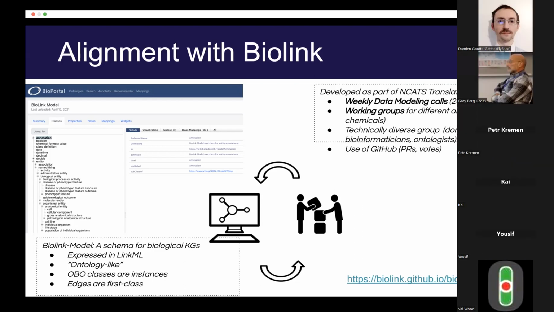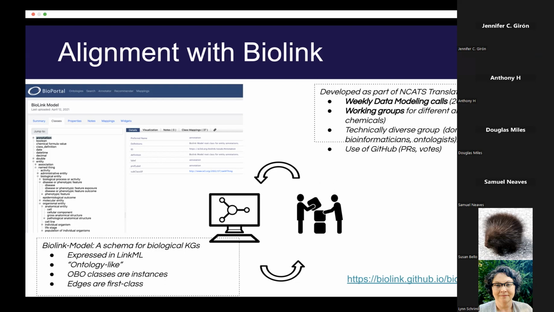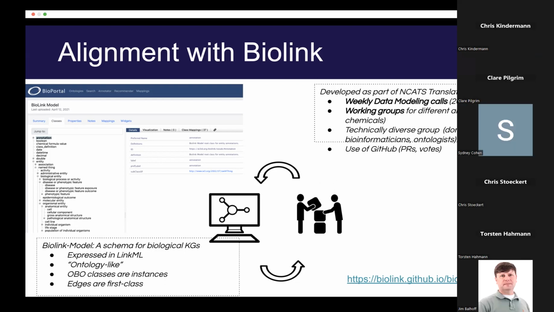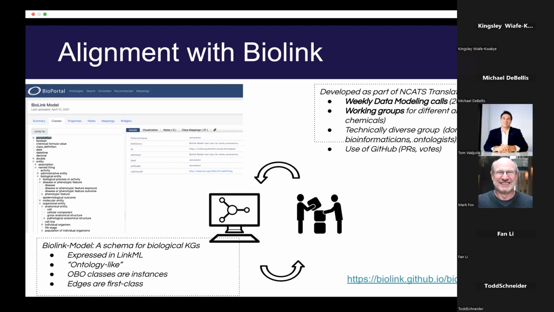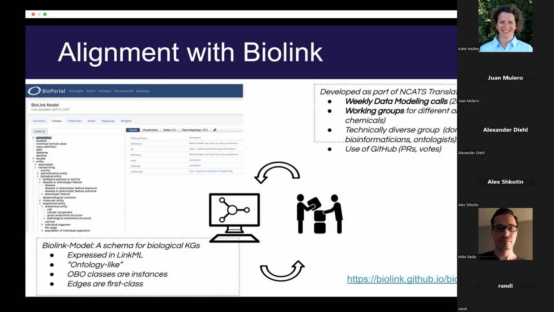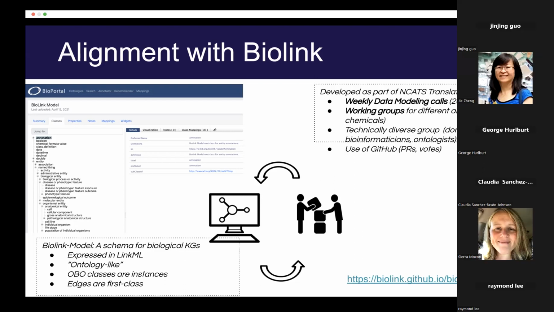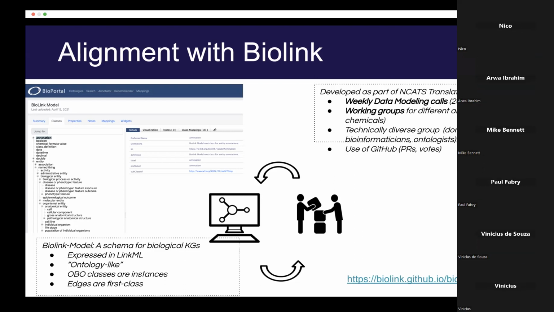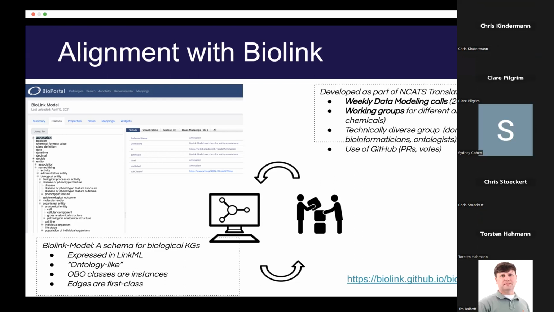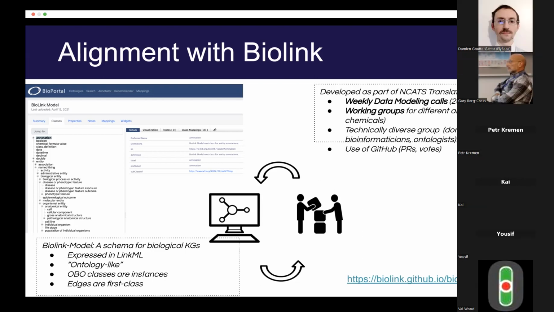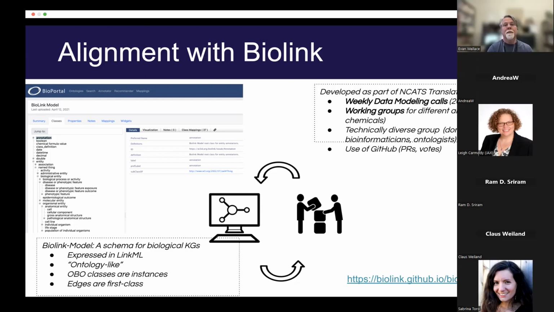And what we're trying to do essentially is come up with a standard exchange format for knowledge graphs within the biomedical translational domain. In order to do this, we had to come up with a set of upper level categories to be able to structure our knowledge graphs. And we definitely tried to align with COB as much as possible here.